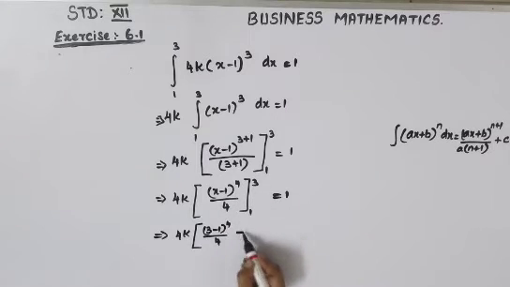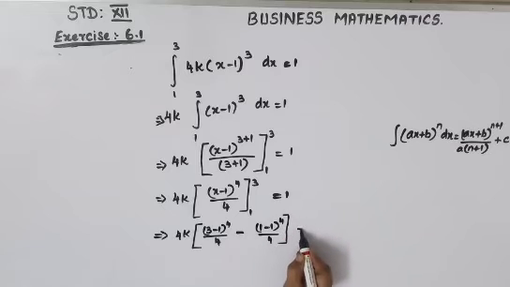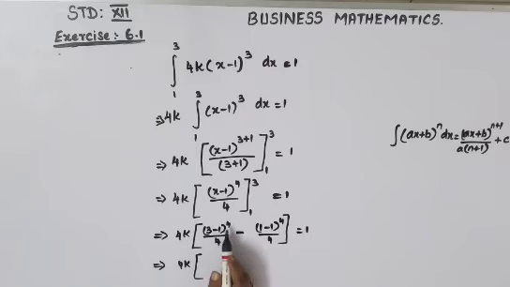Then you will have to substitute your 1. So (1 minus 1) the whole power 4 divided by 4, which is equal to 1. So that implies 4k into (3 minus 1) you will get 2. So 2 power 4 divided by 4 minus, this is 1 minus 1.